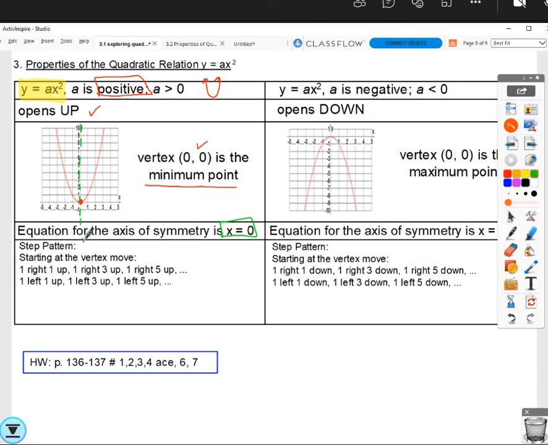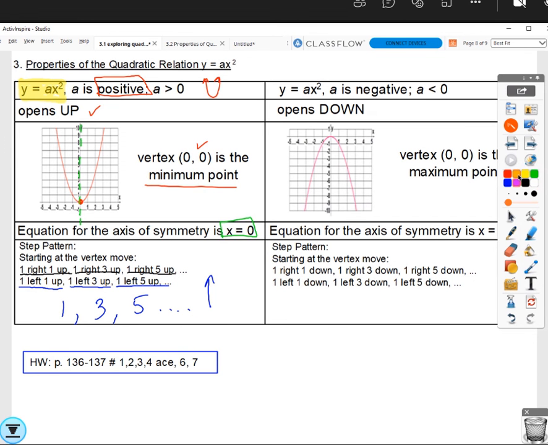And then the step pattern is move 1 to the right and then 1 up. 1 to the right, 3 up. 1 to the right, 5 up. Or the other side too, right? 1 to the left, 1 up. 1 to the left, 3 up. 1 to the left, 5 up. Really the step pattern here is no matter where you're going, right or left, it's going to be up or down 1, up or down 3, up or down 5, and that just continues. That is the step pattern. And for this positive one, it would be up.